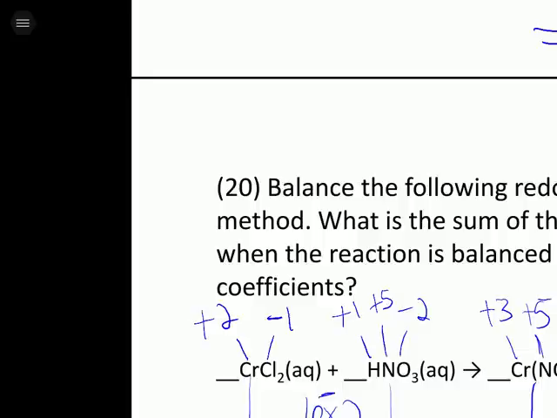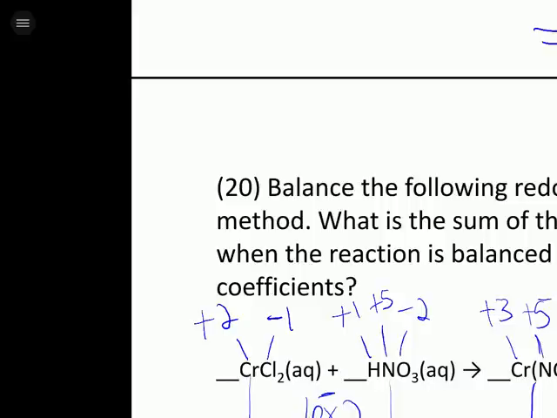And then our products, we have 2 chromium nitrates, plus 3 though. And then we have an HNO2, so we only need 1 of those because that's a 2 electron process. And then plus water plus HCl, so a lot of things to balance now. We've balanced the electrons by putting a coefficient of 2 here and 2 here, and then we want to set the first nitric acid, which is changing its oxidation number, to 1.